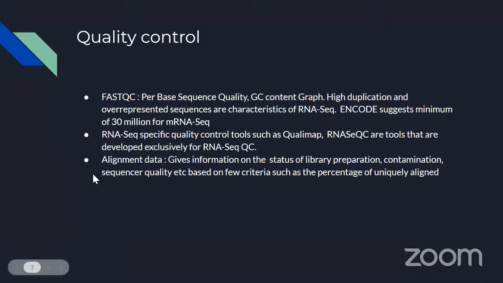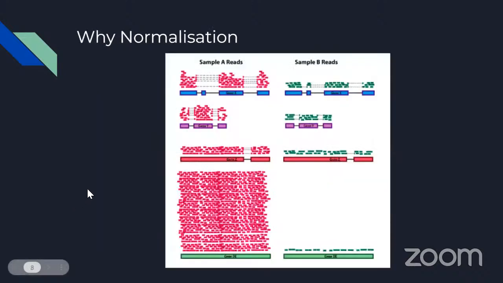You also have several statistics to look at, for example in STAR, the mapped mismatch rate and deletion rate. Those could give you an insight into the sequencer quality, whether the sequencer itself is making errors or not. So these are a few criteria for quality control.